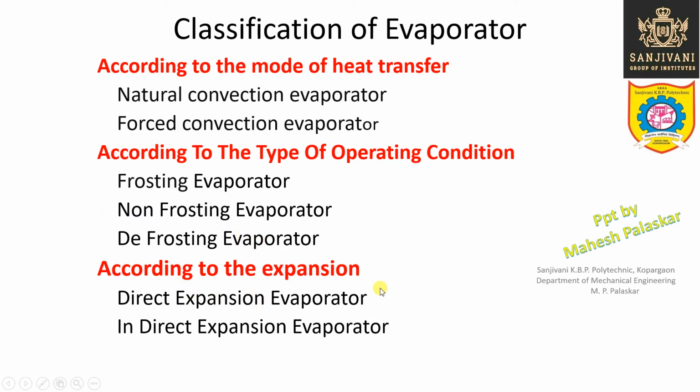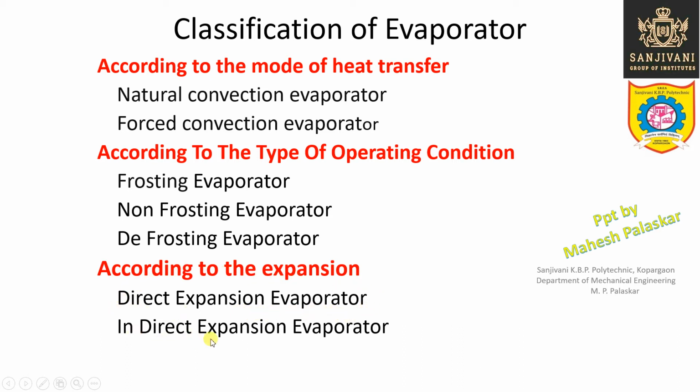Now, according to the type of expansion, we are having two types of evaporators, that is direct expansion evaporator and indirect expansion evaporator. So actually this classification is based on whether we are using some secondary fluid or not. In case of direct expansion evaporator, if you consider the example of air conditioning, the air which is conditioned is directly coming in contact with the evaporator.